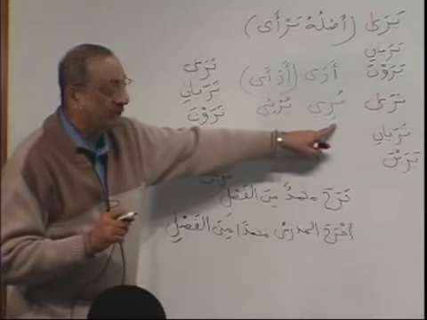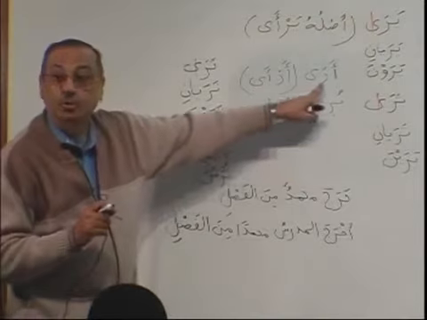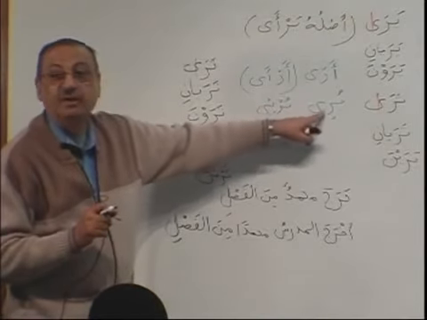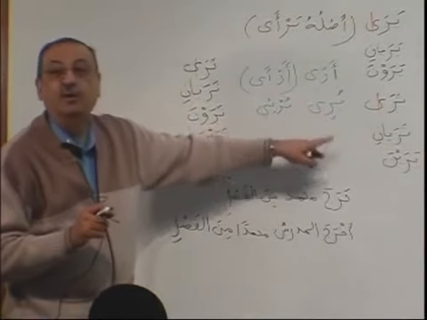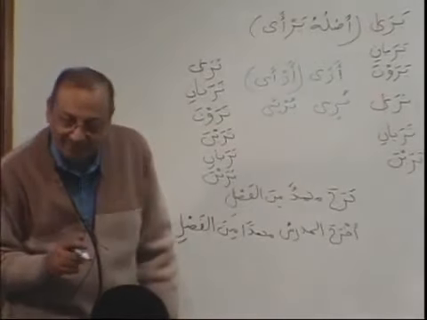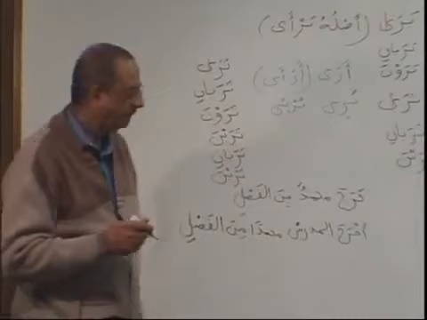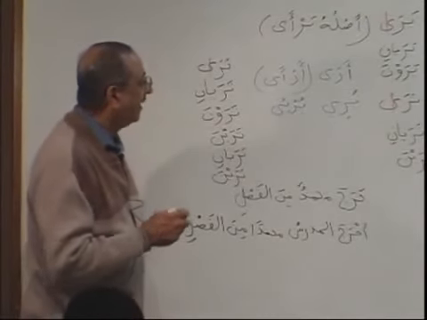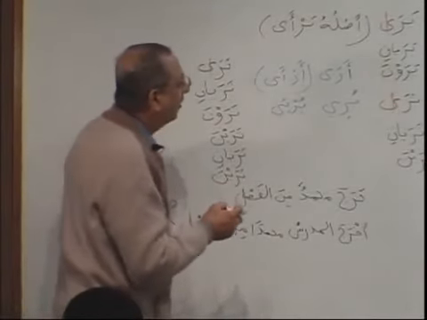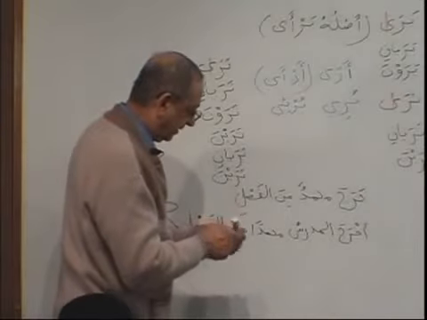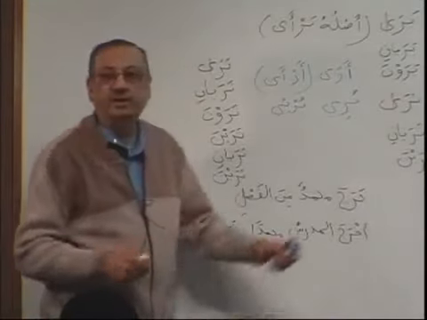Anta, Turi, Turiyani, Turuna, Turina, Uri, Nuri. Fine. Brothers and sisters, how do I make Amar from Turi or Yuri?